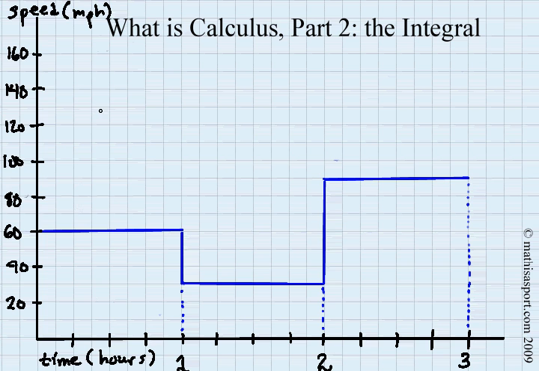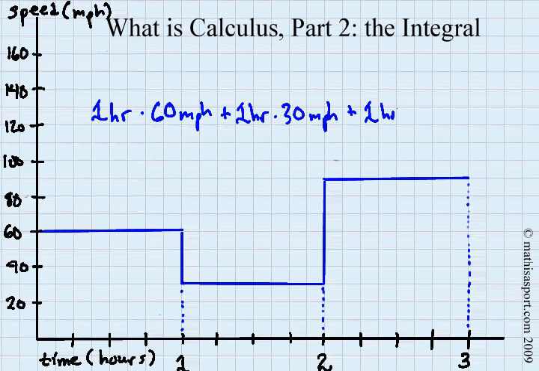Well, in each case, it's the width, 1 hour, times the height, 60 miles per hour, plus the width of the second block, which is an hour, times the height, which is 30 miles per hour, and finally the width of that last block, which is an hour, times the height, which is 90 miles per hour.